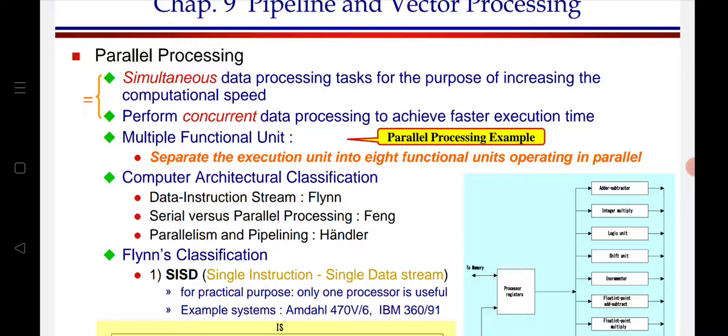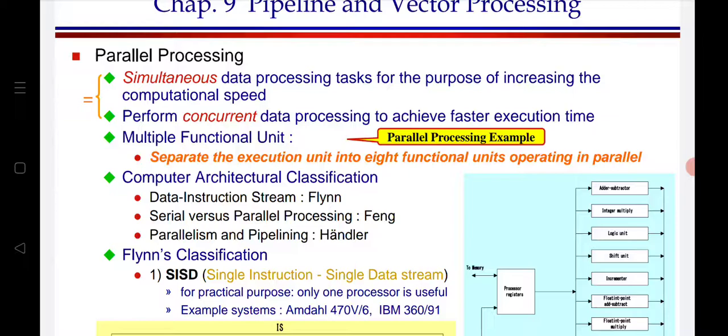To get faster execution time, we always go with parallel processing. With multiple functional units, we separate the execution unit into 8 functional units operating in parallel. So what we'll do is divide this into multiple functional units.